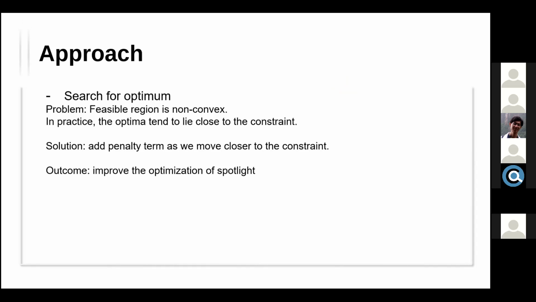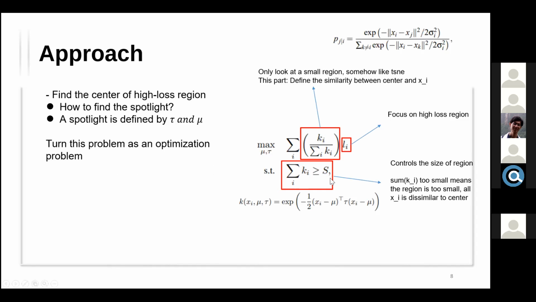I guess they try to search for the best inside the interior of the data set instead of around the constraint. Wait, so the constraint means the weights or the cutoff? The sum of the Ki equals S. That means.